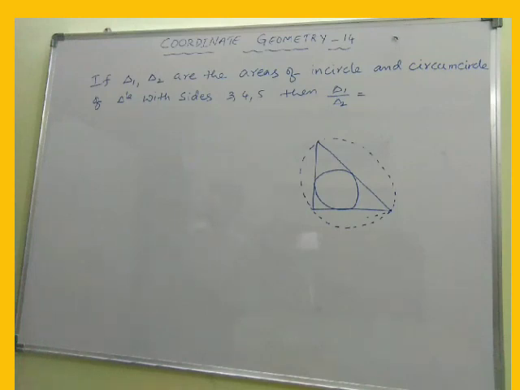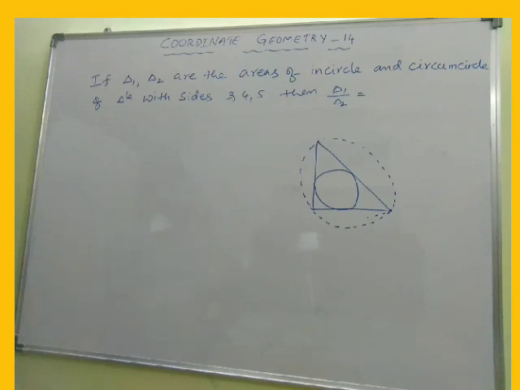Coming to the next problem: if delta 1 and delta 2 are the areas of the incircle and circumcircle of a triangle with sides 3, 4, 5, then we need to find out delta 1 by delta 2 is equal to what.